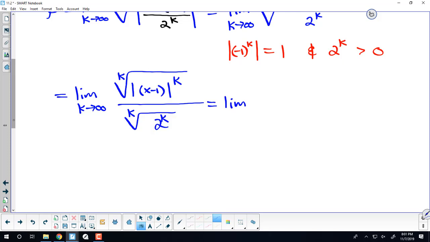It gets rid of those powers of k. So the limit as k approaches infinity of the absolute value of x minus 1 over 2 is what? The absolute value of x minus 1 over 2. Okay, is everybody all right with that? Our rho is the absolute value of x minus 1 over 2.